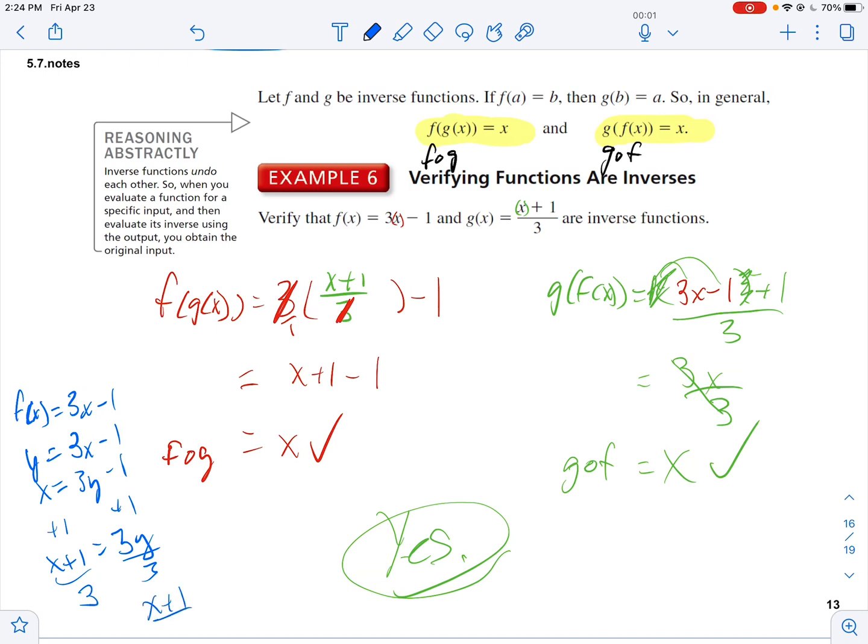And so x plus 1 divided by 3 is f to the negative 1 of x. Right, so that's the inverse. Does this match that? Yes, so they're inverses. So you could just find the inverse of one of them and check and see if it matches, or you can do the fog and the goff and be able to prove it. It will ask you to fog and goff on your work, but when it comes to the test, you can do it in the easy way.